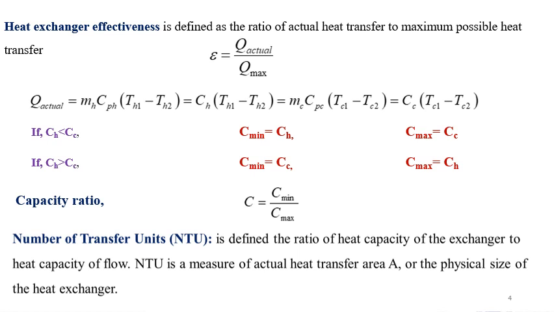It is a dimensionless parameter, termed as NTU is equal to UA by C minimum, where U is the overall heat transfer coefficient, A is the heat transfer area of the heat exchanger, and C minimum is the minimum heat capacity rate between the two fluids.